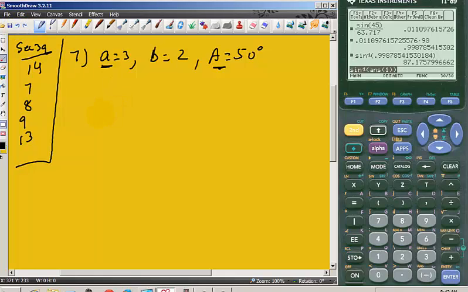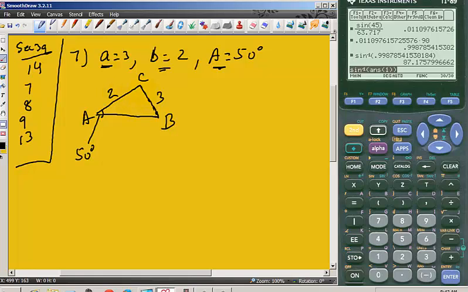I want to call this angle A and call that 50 degrees. And the side across from that, we're going to call 3. Then the remaining side B, put it over here on the top, and that'll be my C. Wherever the side you're given, put it on the top.